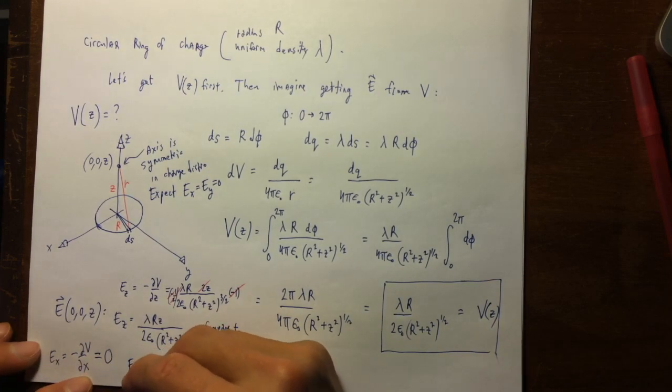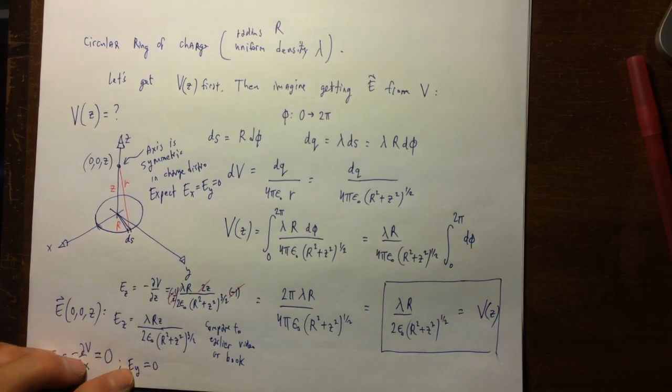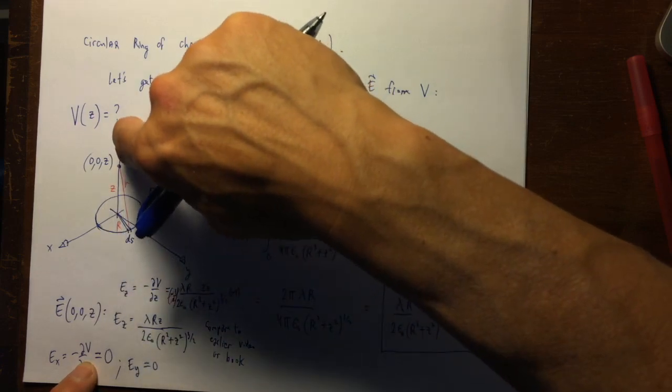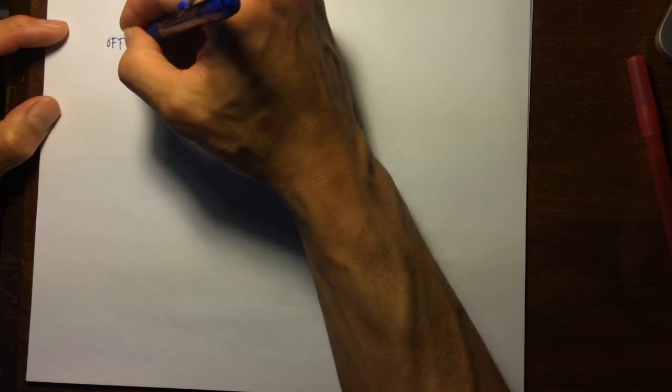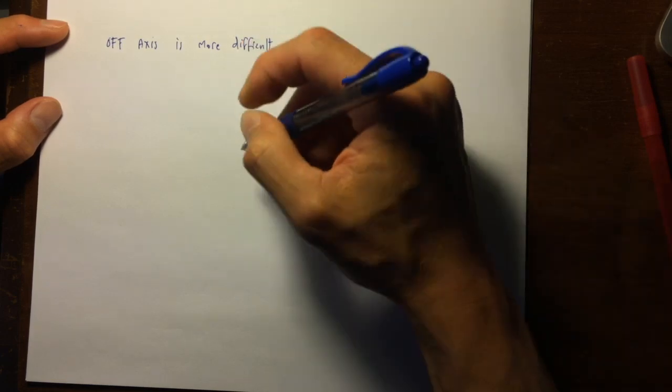If you check Ey, similarly, you'll get 0, because when you take the derivative with respect to y, it's 0. But this is the case only on the axis. Off-axis is more difficult.